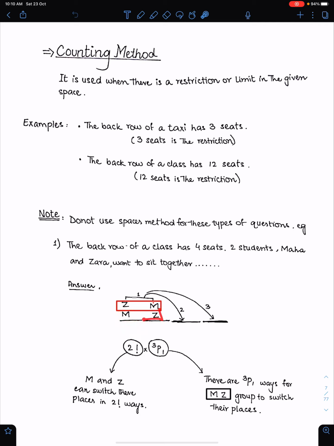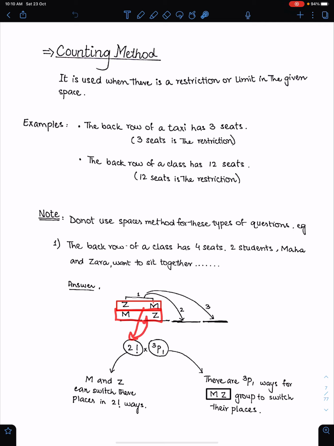This is the first place, this is the second place, and this is the third place. So there are 3P1 ways for the MZ group to switch their places. This group is here either in MZ way or ZM way, and this is the 2 factorial.